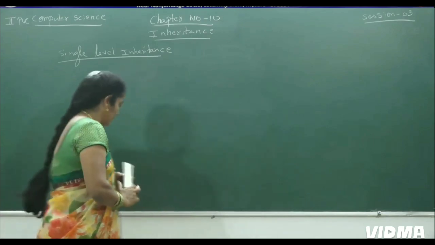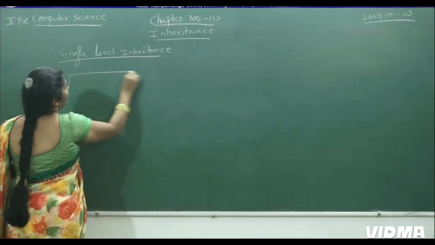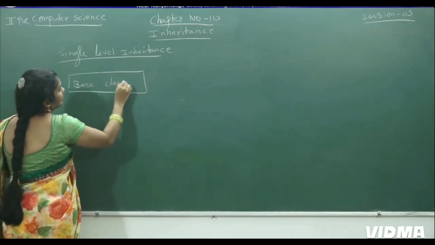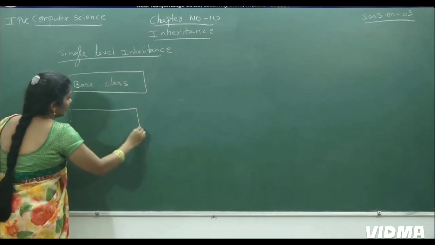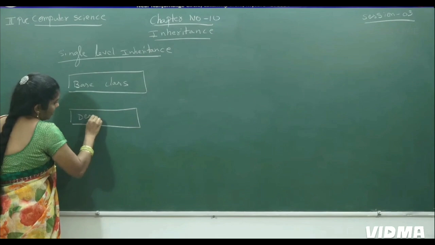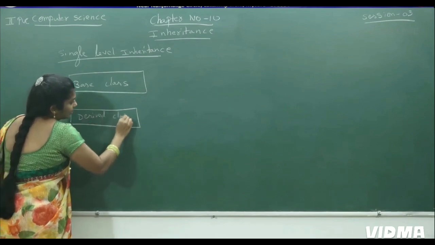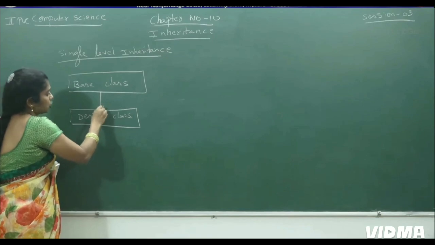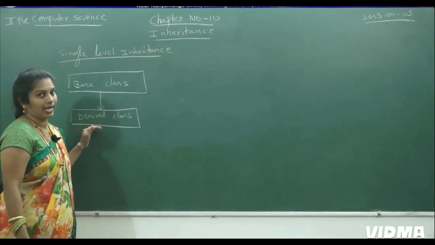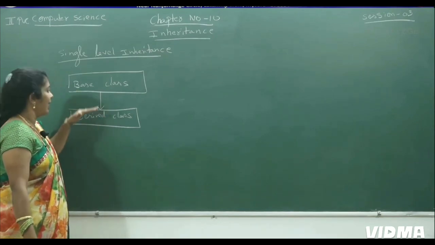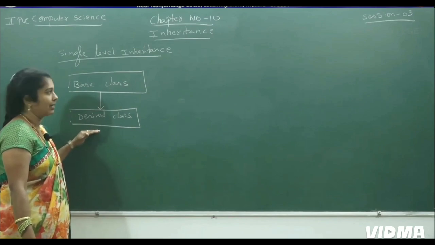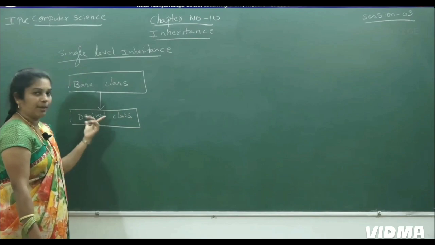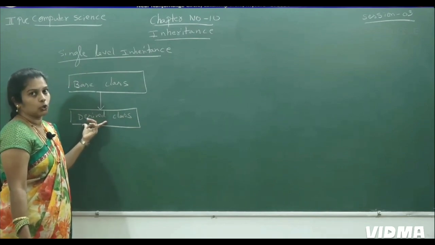For example, we have one base class and one derived class. The properties are passed from a single base class to one single derived class. Only one base is there and only one derived class is there. Here the derived class acquires the properties of the base class, and with that it may have additional properties also.